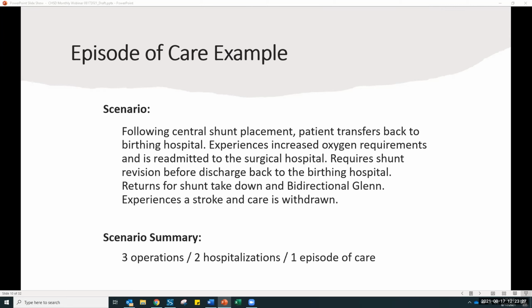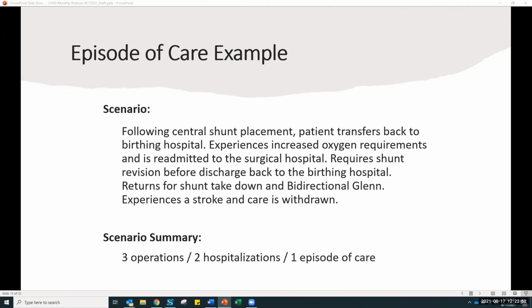Angie's question is, what if the patient is discharged to home and returns within 30 days of the procedure? Is that considered one episode of care? Where would the complications fall? So Angie, this is a great question and can be a confusing point. Technically, the patient would have 2 episodes of care, because in your scenario, this patient discharged to home.